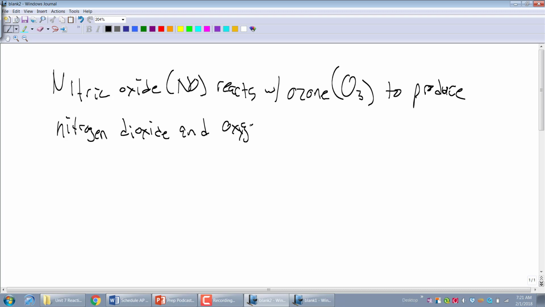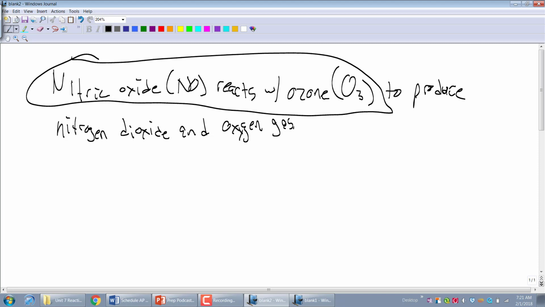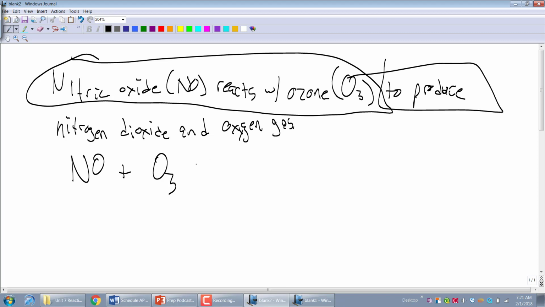Nitric oxide reacts with ozone, and reacts with means plus. So I have NO plus ozone, O3, to produce. Remember, produces means arrow.